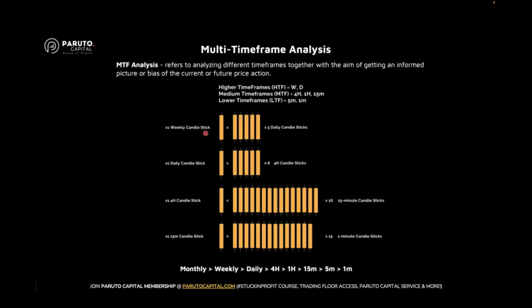A typical weekly candlestick would comprise about 5 daily candlesticks, Monday to Friday. 1 daily candlestick will comprise about 6 4-hour candlesticks, and 1 4-hour candlestick will comprise about 16 15-minute candlesticks, and 1 15-minute candlestick is going to comprise about 15 1-minute candlesticks. So when you look at multi-time frame analysis, usually it starts from the monthly, then the weekly and daily, and then 4 hour, 1 hour, 15 minutes, 5 minutes, and then 1 minute.